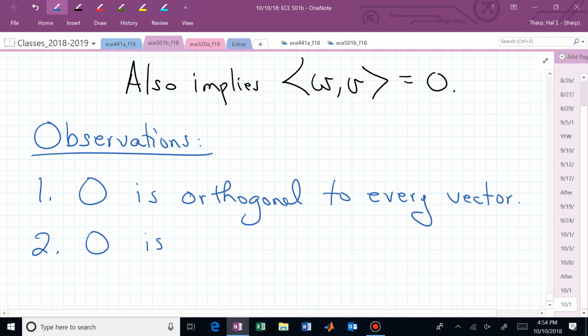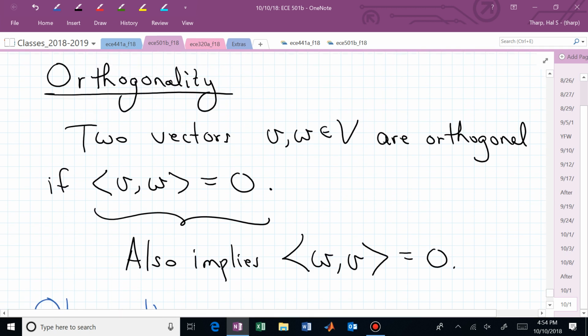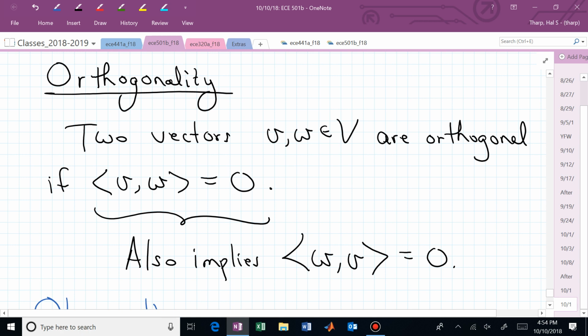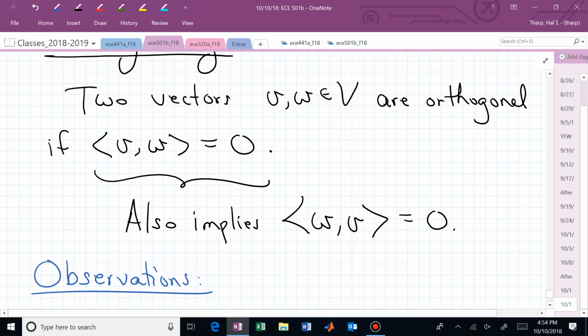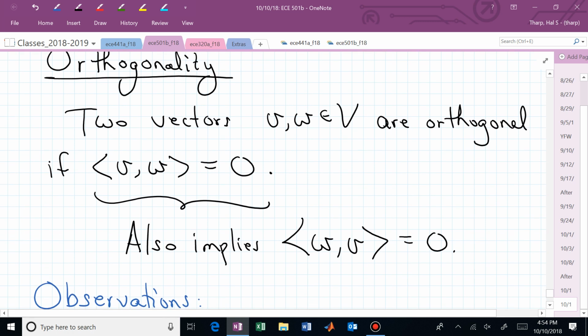Question? Yeah, so the inner product of V and W, with V in the first slot, is not equal to W in the first slot and V in the second slot, only if it's a complex space, right? For a real space, is it equal? So now the question is how can I say something about VW and then the inner product of WV? How can I make those the same?